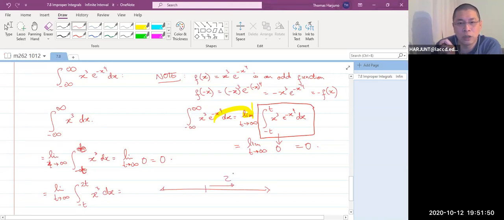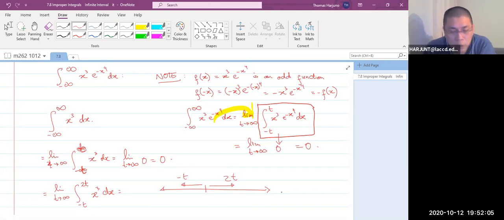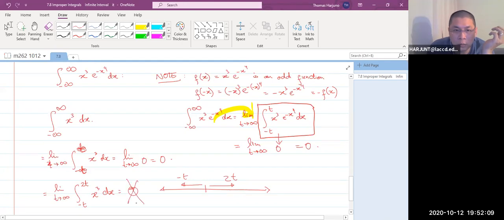I use 2t here, and I use t here. So you see, the one on the right-hand side goes to infinity faster, but both of them go to infinity. You cannot deny that both of them go to infinity and negative infinity. But the thing is, this is not zero.